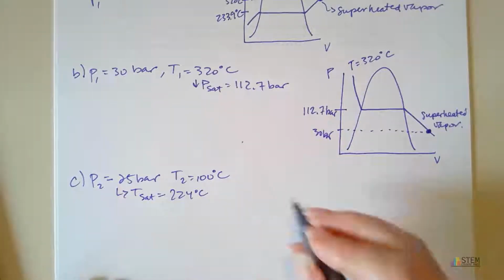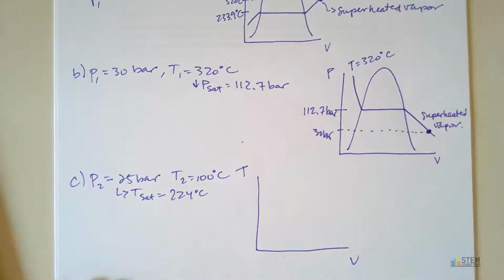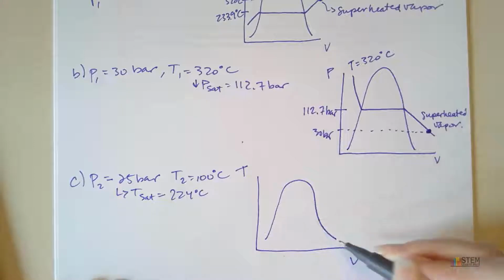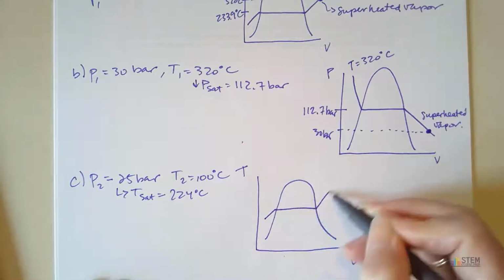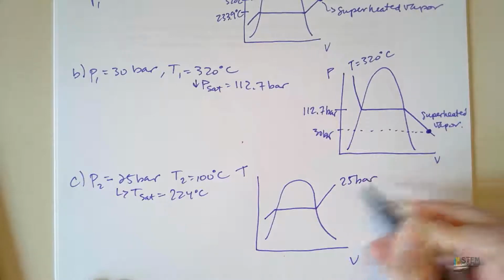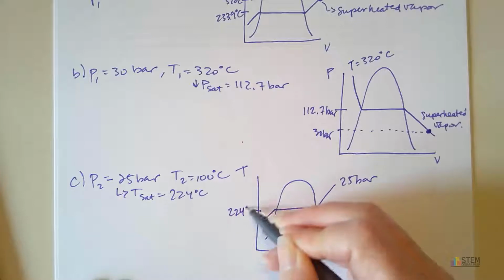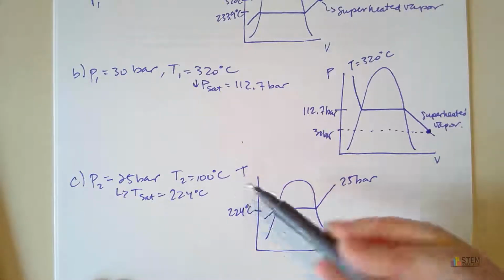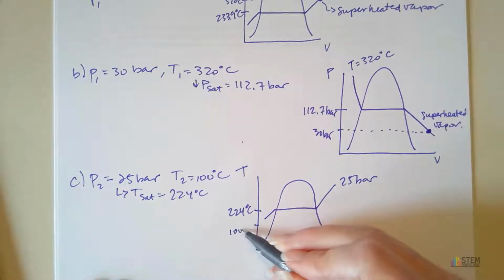Now if we want to draw a diagram here, have it look like that, and put our dome. At a pressure of 25 bar, this temperature right here where we have vaporization is going to be 224 degrees Celsius. We are at a temperature of 100, so we're going to be down in here somewhere.